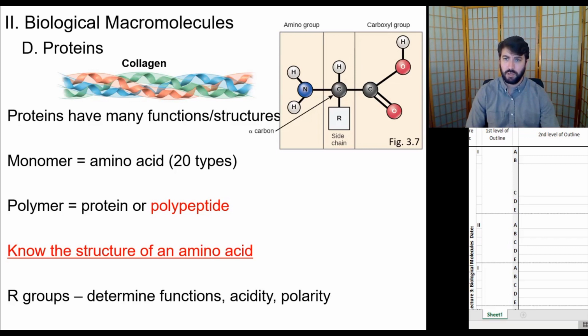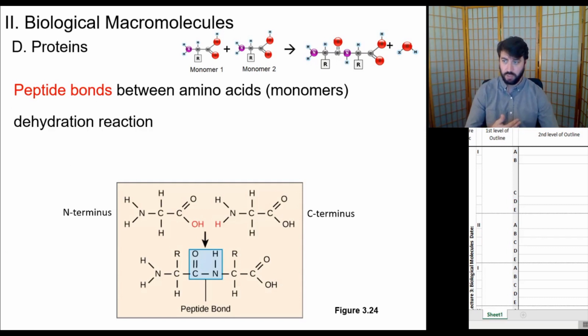Okay, so let's dig into the polymers of amino acids. I mentioned they're called polypeptides, and that's because the things that link these amino acids together are a series of peptide bonds, and they are between the hydrogen in the amine group and the OH of the carboxyl group.